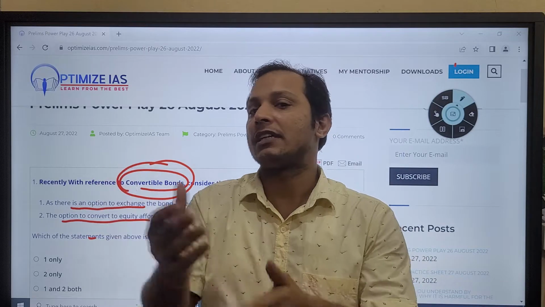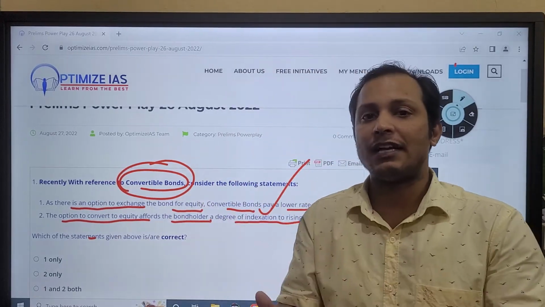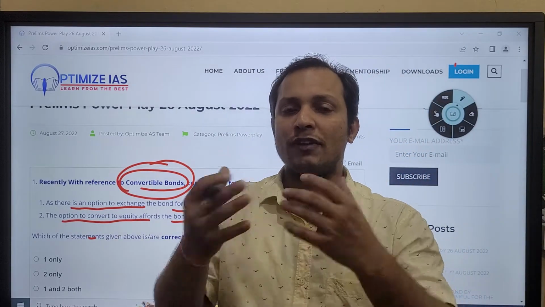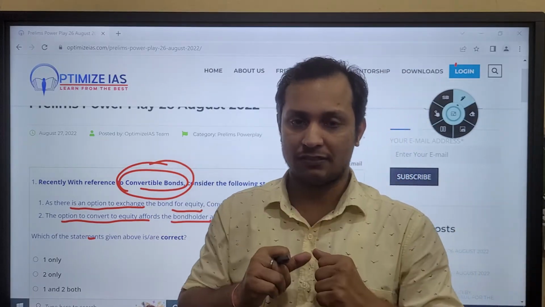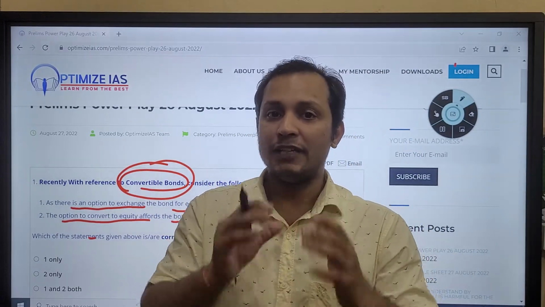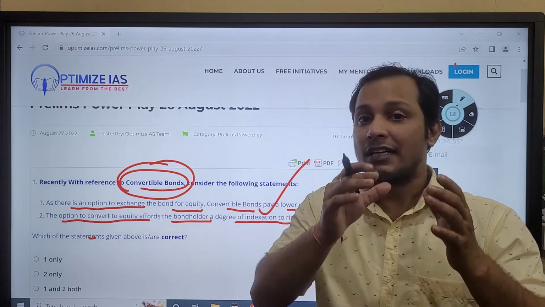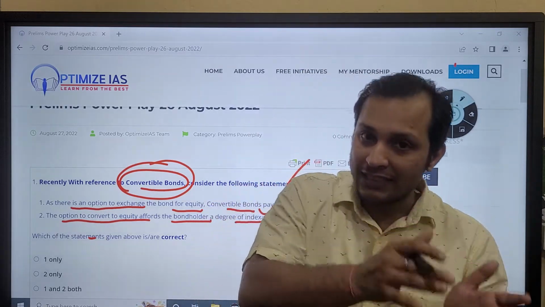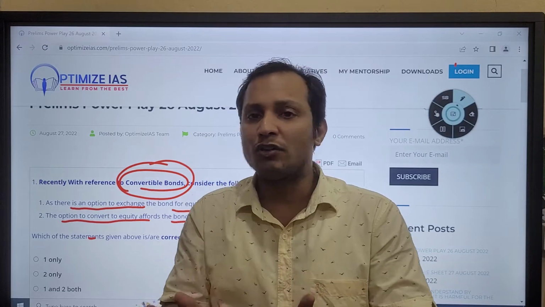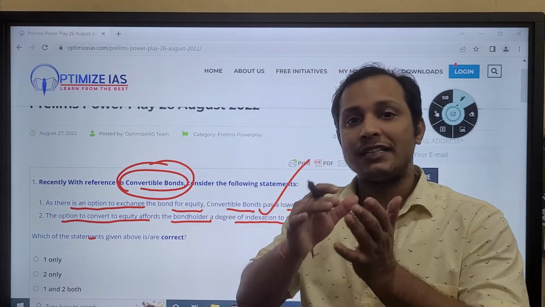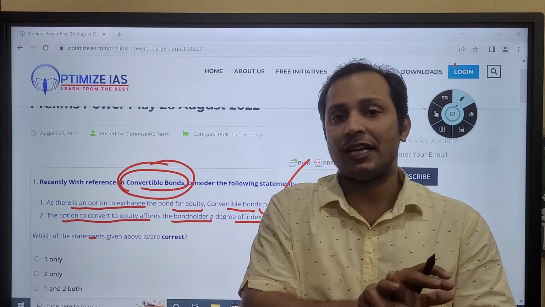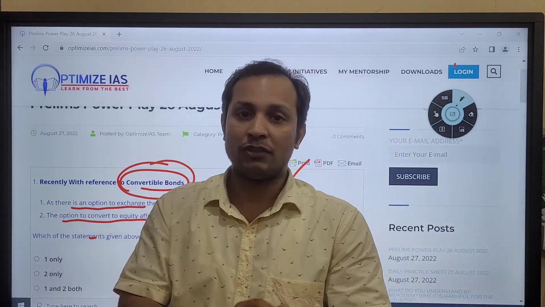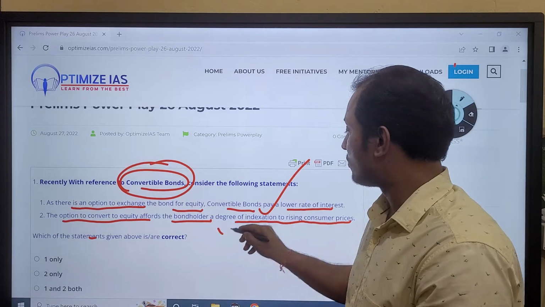Suppose they are giving you 7%, on the other hand inflation is 5%, so the value of that investment reduces, so there is no safety to the investors. On the other hand, if it is a convertible bond where you can change it into equity, we all know that equities are a better safeguard against inflation than fixed income instruments like FDs or bonds. So in that case, this statement is also true.